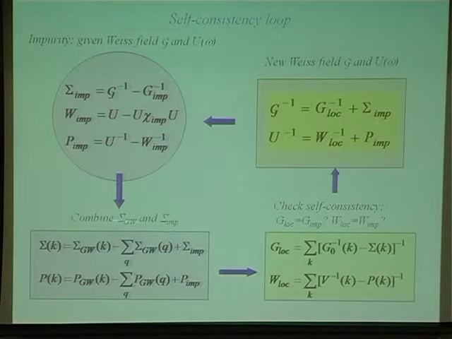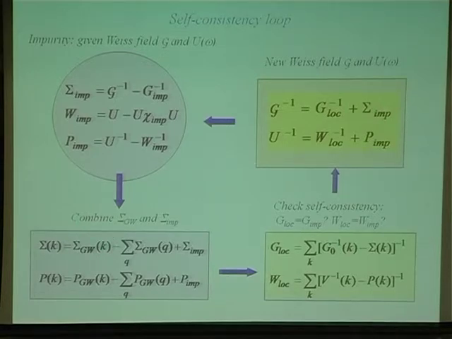Now the full scheme is very complicated. In fact, I have neglected another loop for the GW part. We also have a self-consistency loop for the GW, where we modify the Green's function in the GW self-energy, as well as recalculate the new screened interactions with a given renormalized G, but we haven't shown it here.